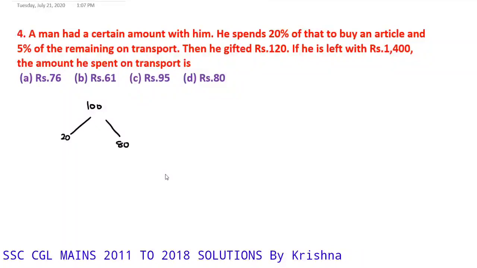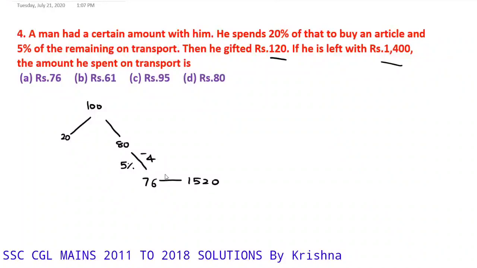So out of this 80 rupees, he spent 5% on transport. So 5% of 80 is 4. So now remaining amount left with him is 76. And from this 76 units, so he has gifted 120 rupees. So total units left out with him is 76, that is 120 plus 1400 gives us 1520.